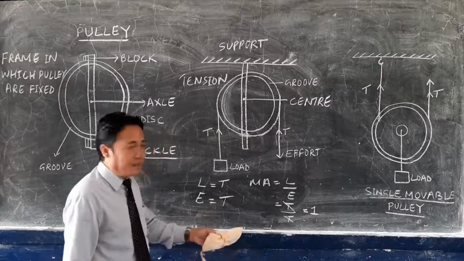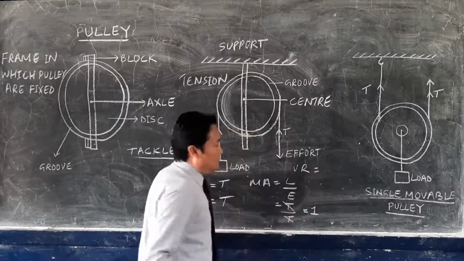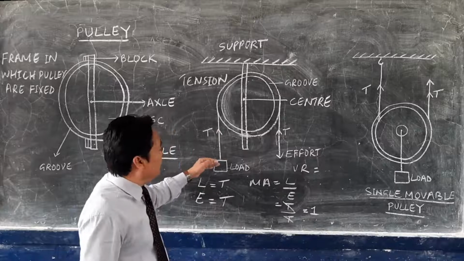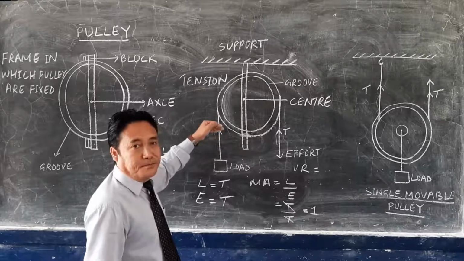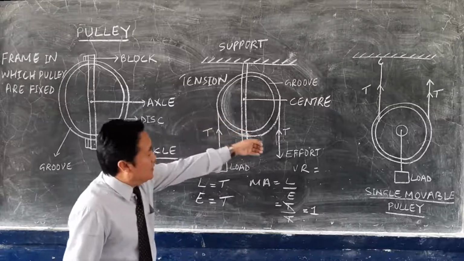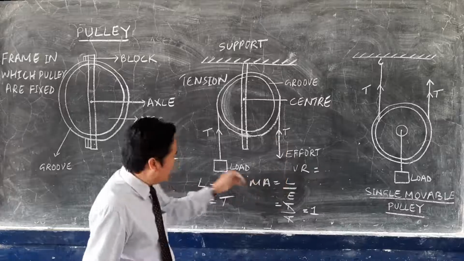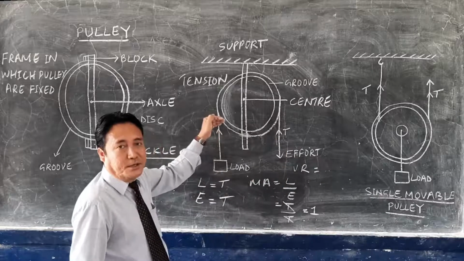Okay, next, let us come to velocity ratio, VR. Let the distance traveled by the load be d. Now how will the distance be traveled by the load? When you apply the effort, when you pull the string in the downward direction, the load will move upward.